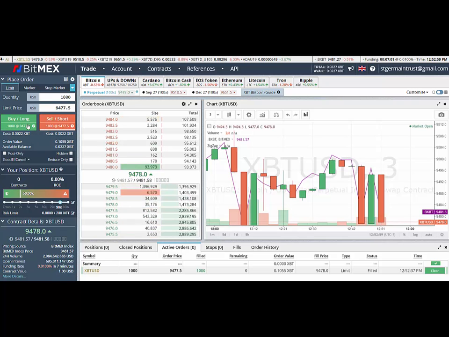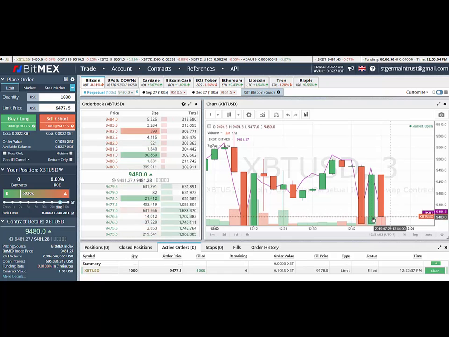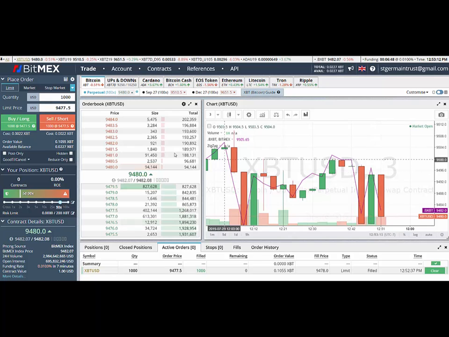So if you want to reverse and you want to ride it up, let's say we were at the bottom here and we had an indicator or an intuition that this was going to rise and we wanted to ride it long, we would have clicked buy. So it's the reverse.